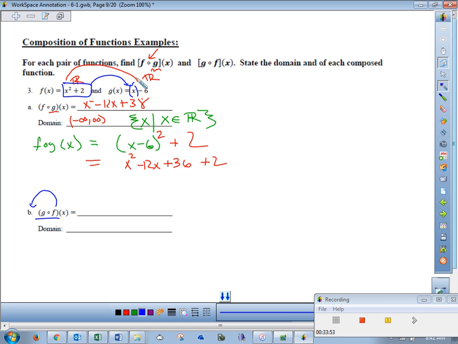F goes into g. So g of f of x equals x squared plus 2 minus 6. This f went into the g function in for x. And since there was really nothing there, it's just 1 times x, those parentheses really didn't even matter. What would this clean up to be?